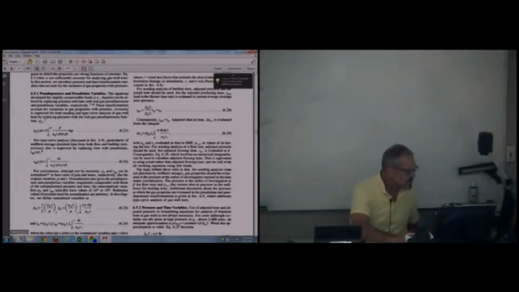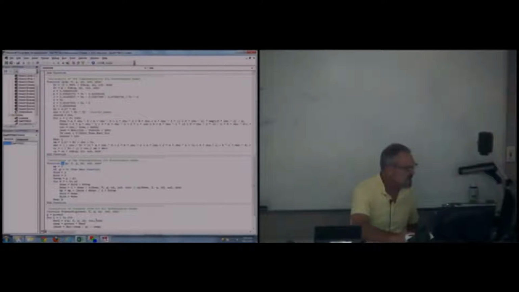I get it. So that's why in the VB, you don't see that it's using viscosity. But here it is, m(p) is pseudopressure. Here's the Z function, and here's the gas viscosity function. So here is the equation. It's going through a loop 20 times and calculating and sampling at 20 different places.